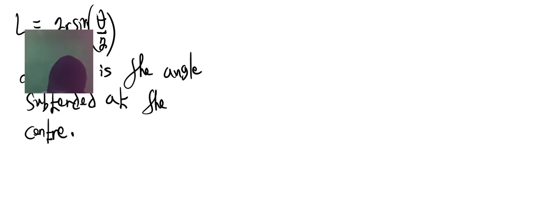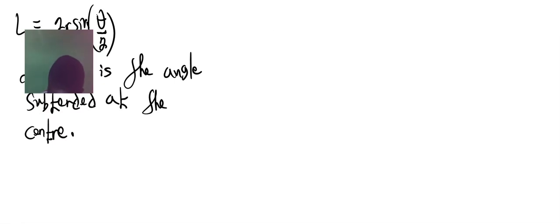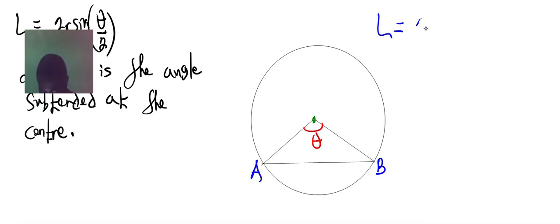So a typical situation like this, where we have the center of the circle and angle theta, the typical length of chord, described as AB, is 2r sine theta over 2.